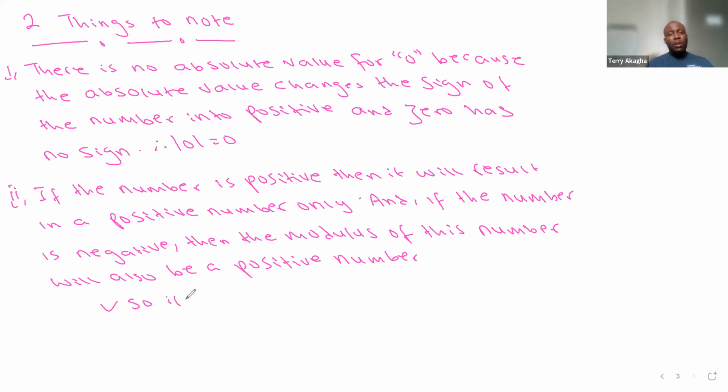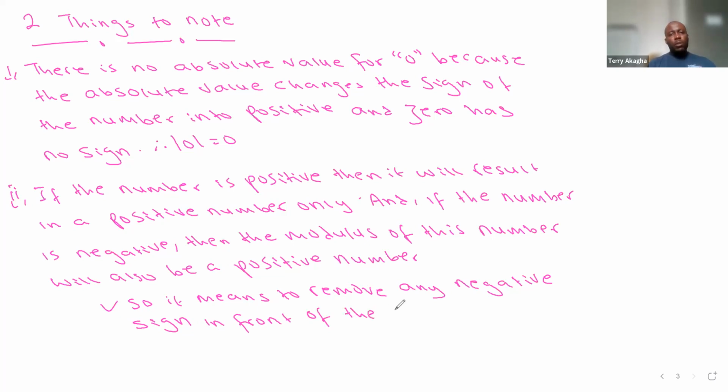So it means to remove any negative sign in front of the number, and to think of all numbers as positive or 0.